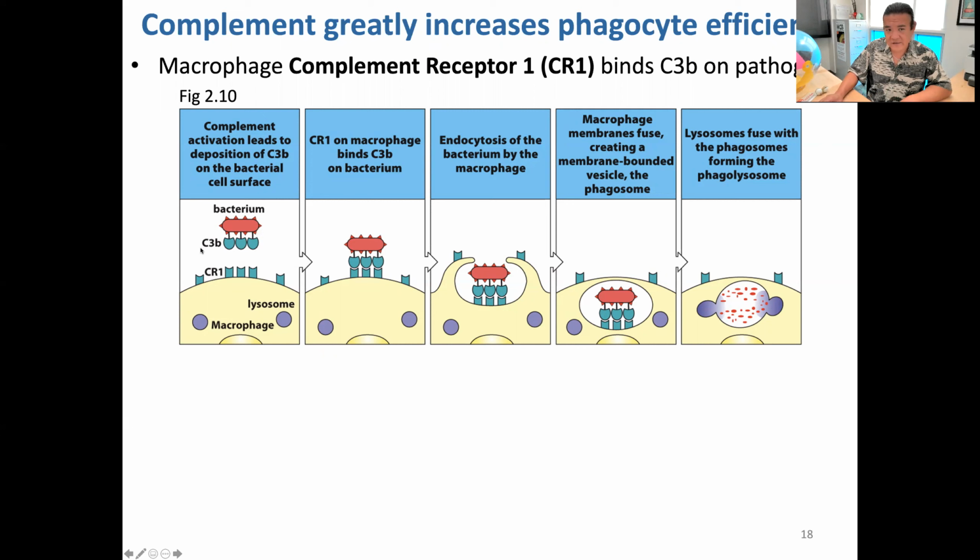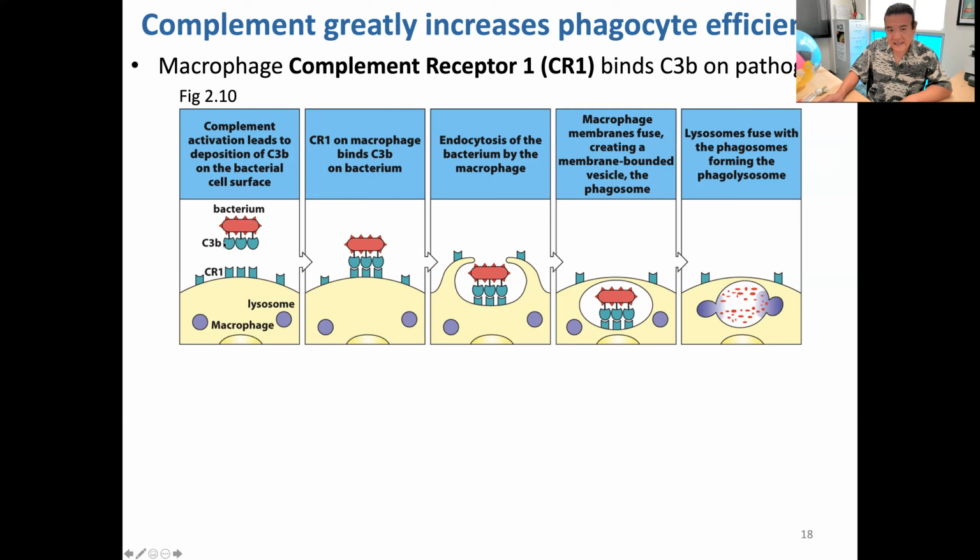So complement activation leads to the deposition of C3b on the surfaces of a bacteria. Again, remember that the scale here is really wrong, right? This looks like this bacteria has 3 huge C3bs hanging onto it. Hopefully by now you realize no, right? The whole surface of the bacteria is covered with C3b, and the individual C3bs are so tiny that you wouldn't even be able to see them on this cartoon, right?